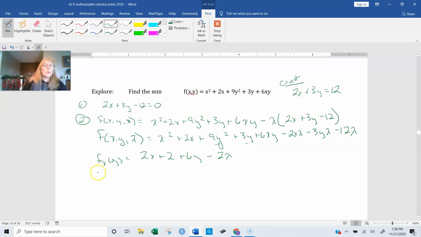Now we have to do our derivative with respect to y. First one's nothing, nothing. Third one is 18y plus 3 plus 6x minus 3 lambda.